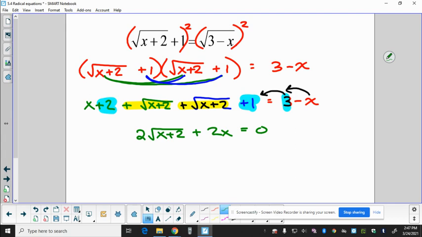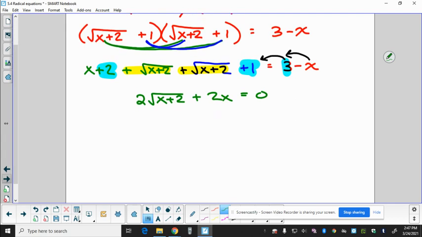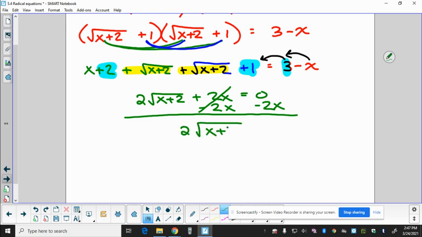Okay, now, in this case, what would you do at this point? I think that I'm going to move this 2x to the other side. Second thought when I look at this, drop this down. There's a lot of things you could do here.